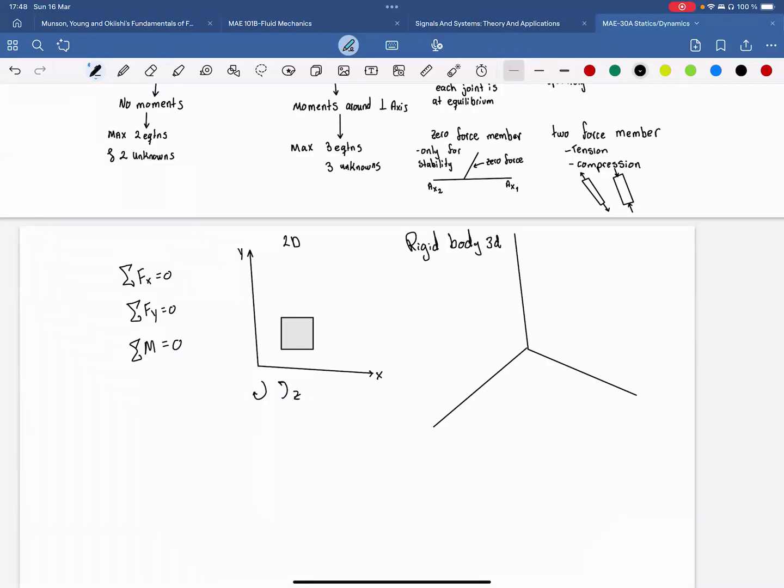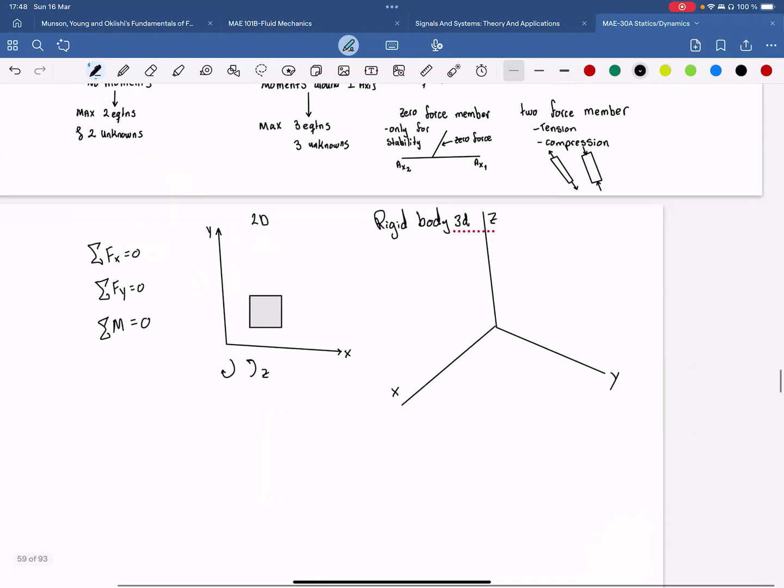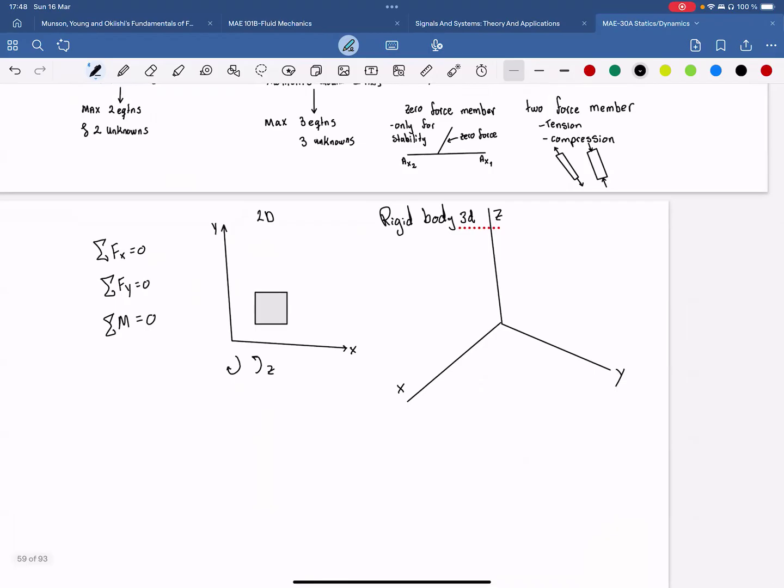once again, we have the axes x, y, z. We have the 3 equations of translation, sum of Fx, Fy, Fz equal to 0, but then we can also have one moment around each axis, right?